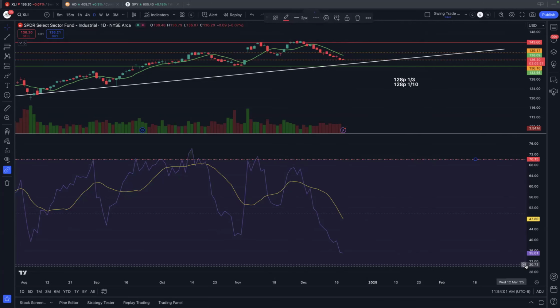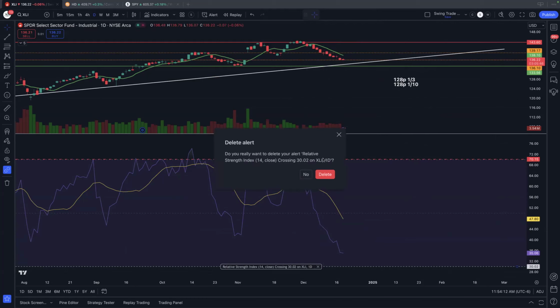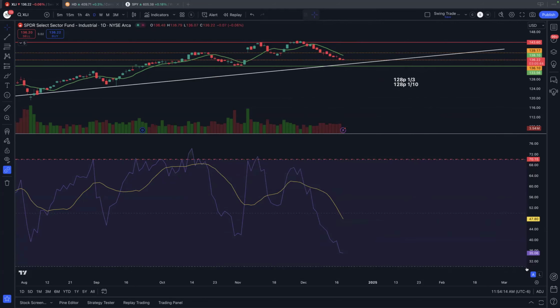One, I'll say that this oscillates between 0 and 100. That is so important to remember because a lot of people will say that this oscillates between 30 and 70. Not quite. We'll talk about that. Let me get this set up.